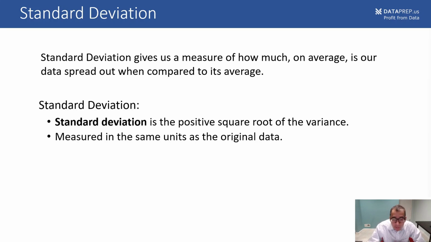A related measure is the variance. The variance is nothing but the square of the standard deviation. Standard deviation is measured in the same units as my original data. That makes it very easy to interpret. Variance, on the other hand, is measured in units squared, which makes it a little bit more difficult for humans to interpret.